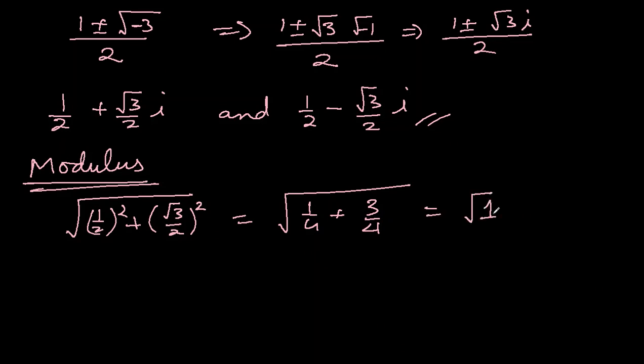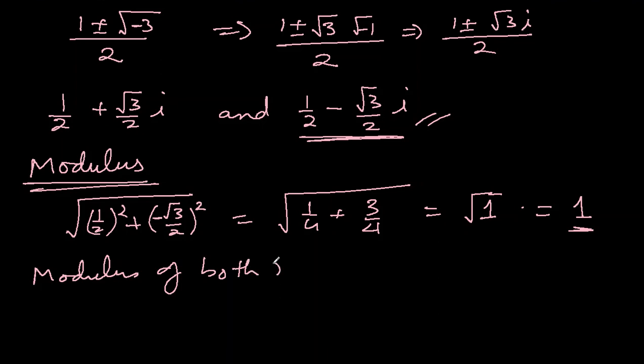Square root of 1, and because modulus cannot be negative, it will be just 1. For this root, with minus inside, the square will again make it 3/4, and so 1 is the modulus of both. So the modulus of both roots equals 1.